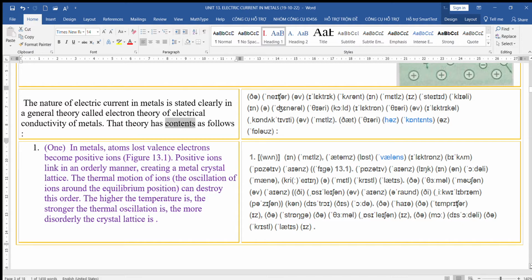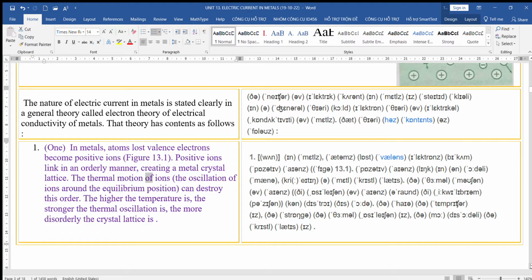That theory has the following contents. 1. In metals, atoms' lost valence electrons become positive ions, Figure 13.1. Positive ions link in an orderly manner, creating a metal crystal lattice.